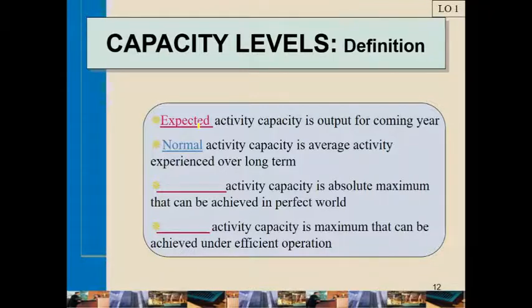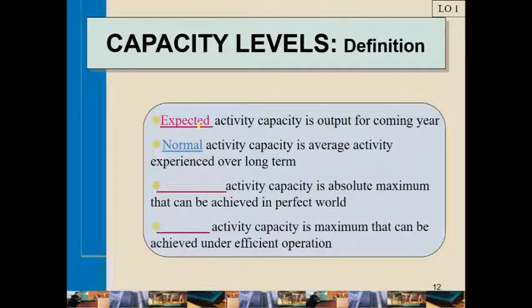Now, next is your theoretical activity capacity. In this capacity level, it refers to the absolute maximum output that can be realized assuming everything operates perfectly.